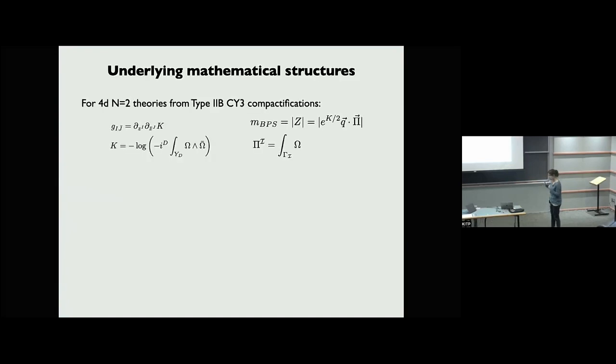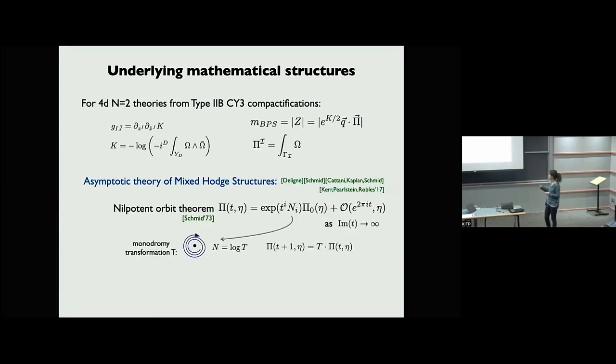When we were checking this conjecture in Calabi-Yau compactifications, we uncovered and used a lot of the machinery of asymptotic Hodge theory, mixed Hodge structures, because in 4d N=2, this is a special Kähler manifold, so you can compute both the BPS masses and the metric in terms of some periods of some holomorphic form.